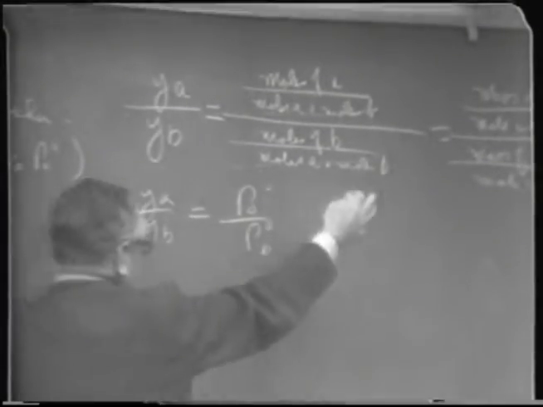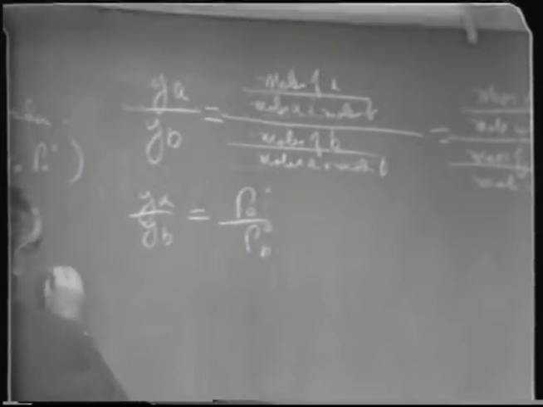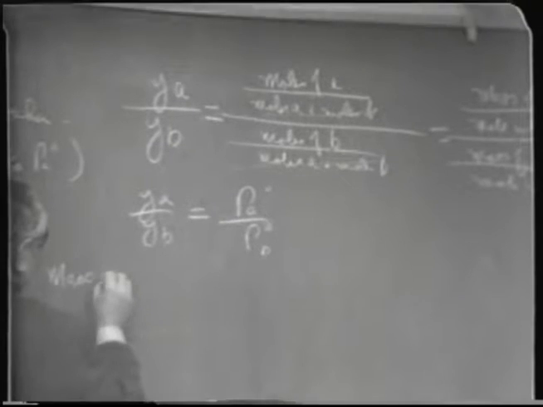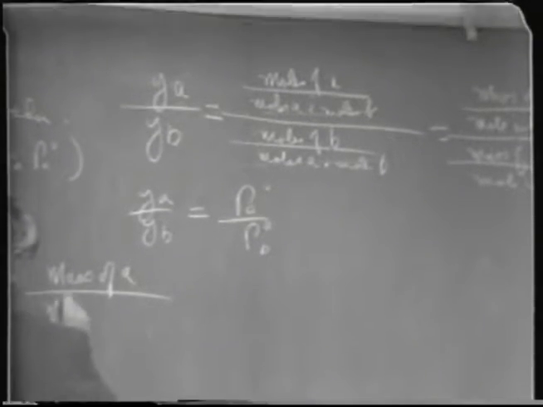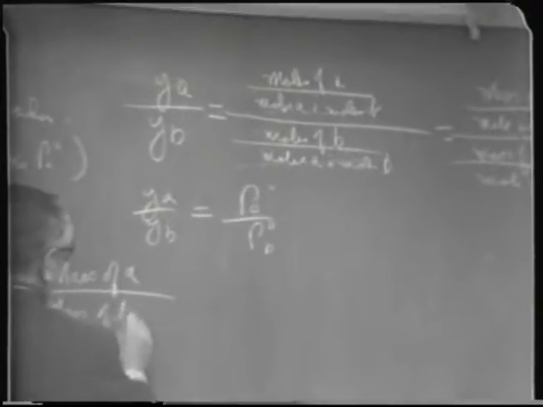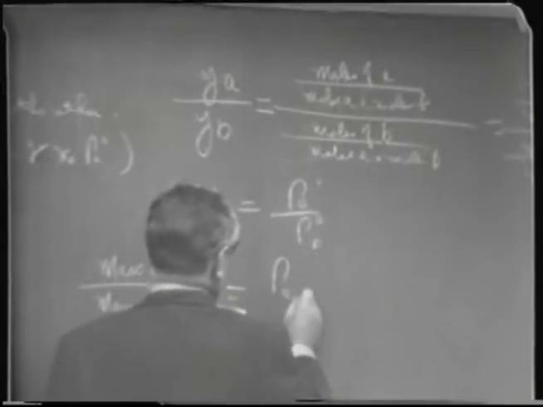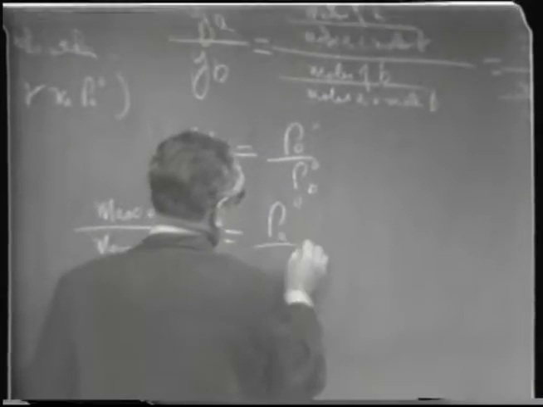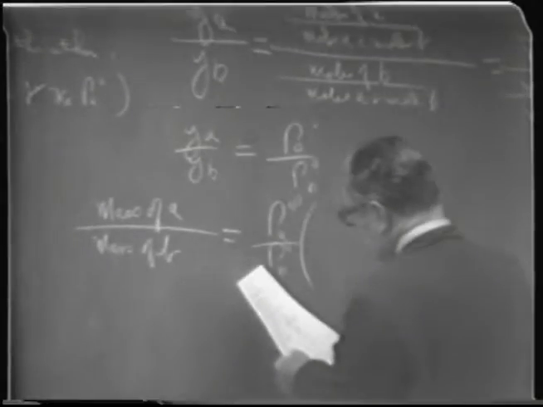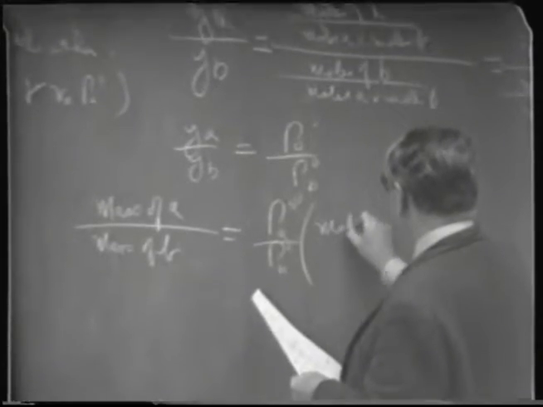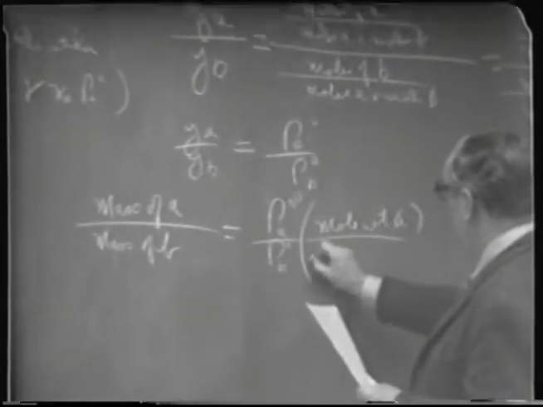So in other words, equating that to this, if we want to get the mass of A in proportion to the mass of B that would be distilling, it's equal to the ratio of the vapor pressures of the two components multiplied by the molecular weight of A divided by the molecular weight of B.